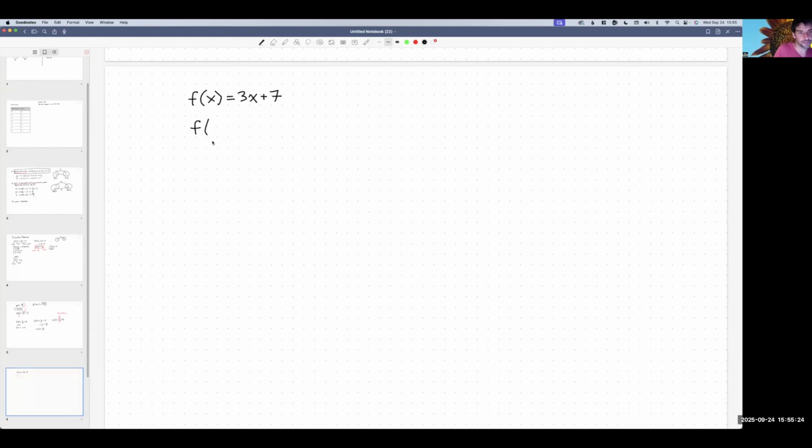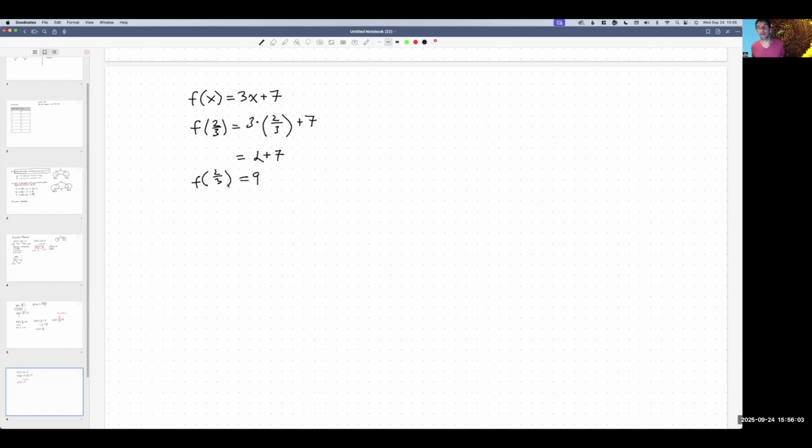Let's do f of 2/3 is equal to 3 times 2/3 plus 7. 3 times 2/3 is 2. Man, this is getting hard to write with. It's like there's a lag. It can't keep up with me if I write too fast, which I guess is good. I should be writing slow. So there we go. f of 2/3 is equal to 9. Right? Input is 2/3, output is 9.